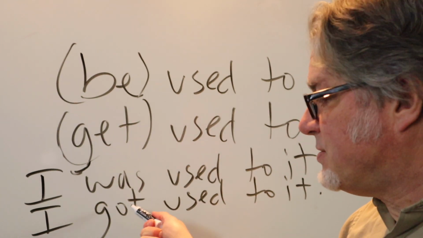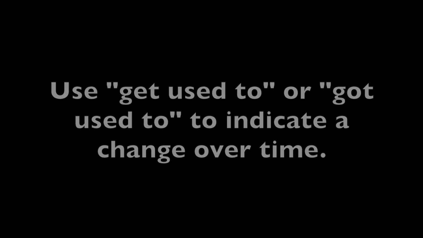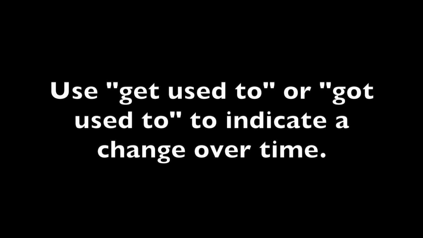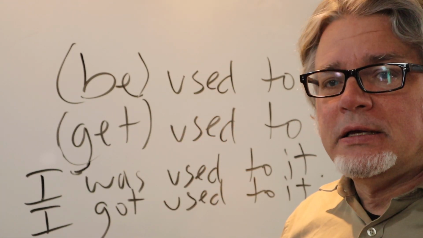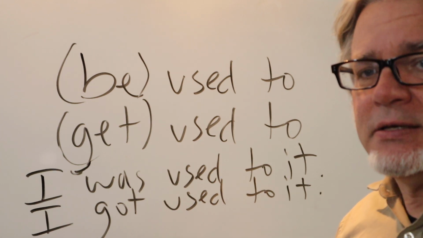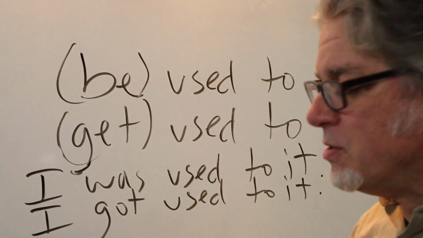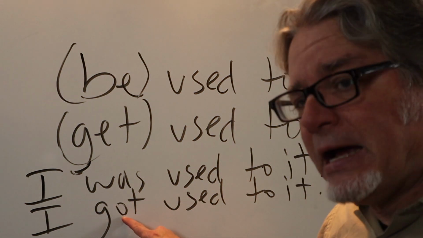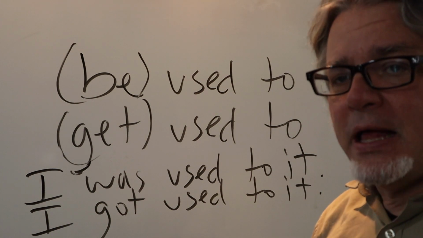This indicates that there was some change over time. Here, was used to indicates a steady state without any sort of change. So sometimes using the verb get makes this stronger, implying the change.